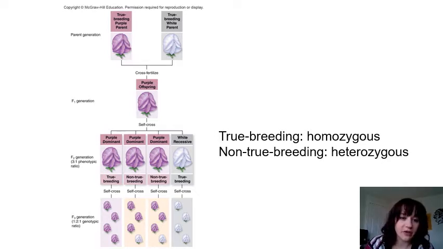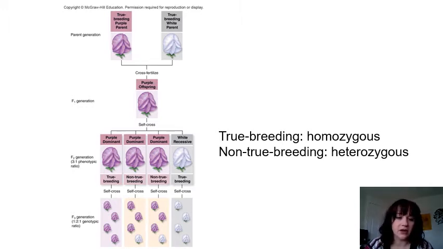In this case, because all of the offspring are purple, that tells us the purple allele is the dominant allele and white is the recessive allele. And he calls this non-true breeding, or heterozygous offspring, because when he allows them to self-cross, he does not get all purple offspring.